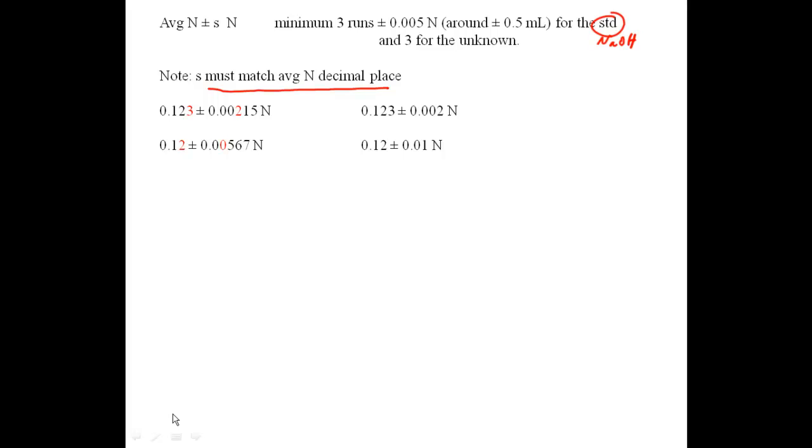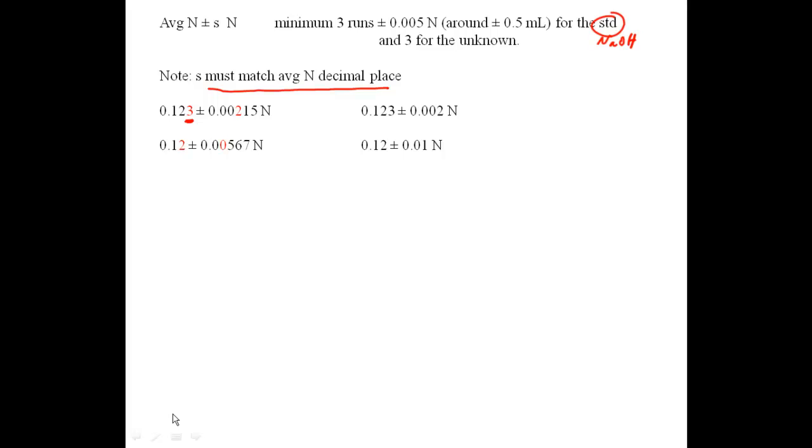So say you come up with an average normality of 0.123. Now I do my standard deviation calculation, and I get 0.00215. Where do I stop my sig figs? Well, my measured value is only to the thousandths place on this particular number.